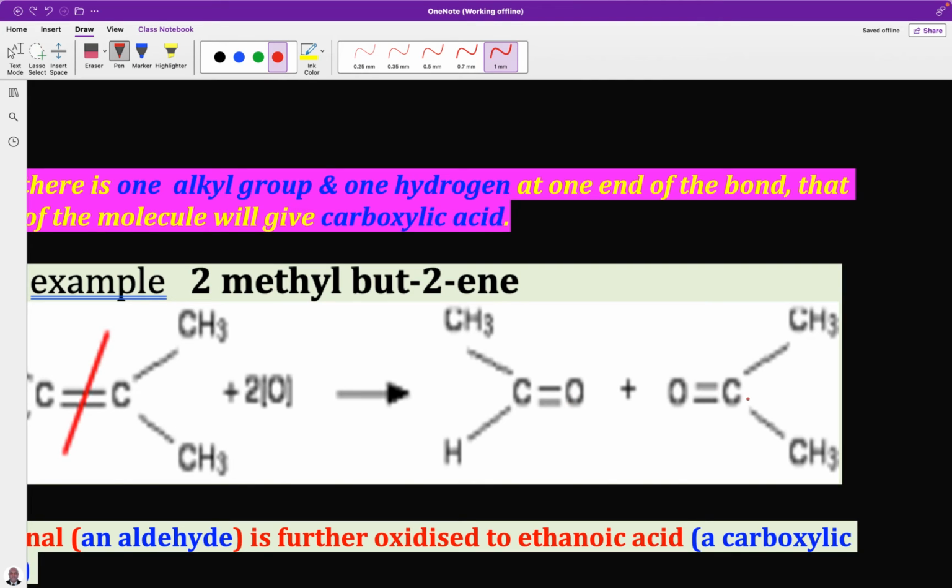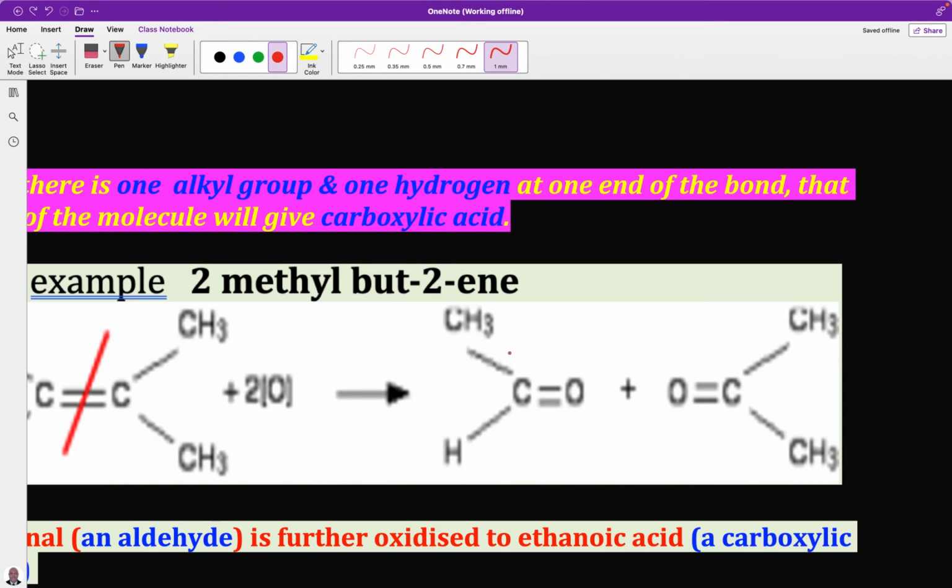But the ketone will not undergo oxidation. That is why we say that the part of the molecule that has the methyl group and the hydrogen will give a carboxylic acid.